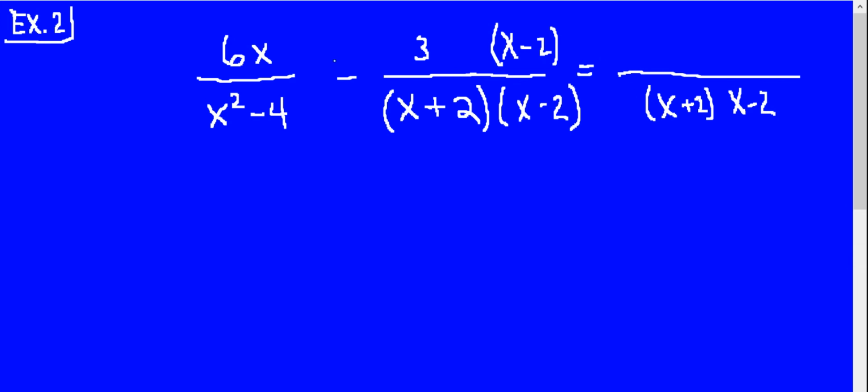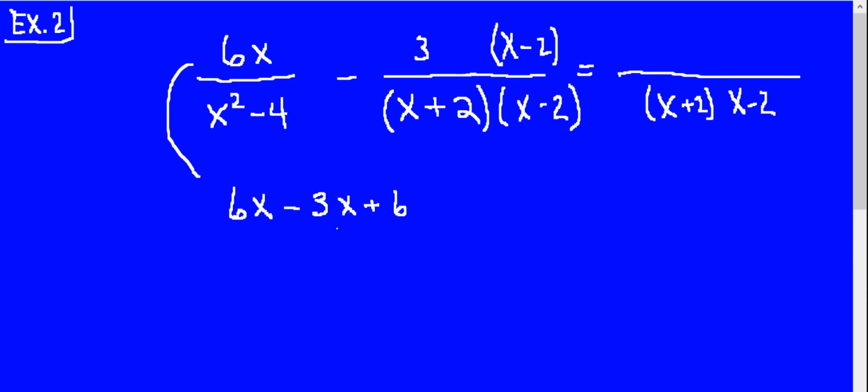But right now, let's figure out this numerator. Here I've got negative 3 times x minus 2. I'm going to bring down my 6x first, and then I'm using the negative with this numerator of 3, so negative 3 times x is negative 3x, and negative 3 times negative 2 is positive 6.